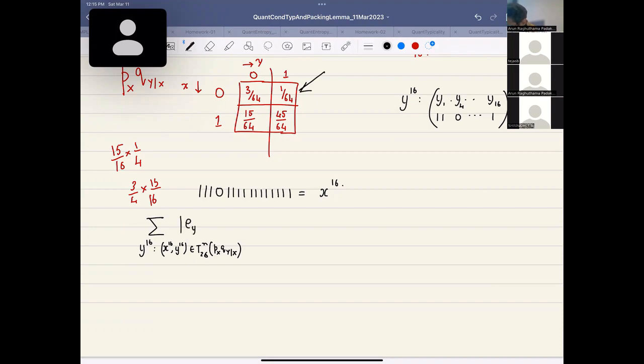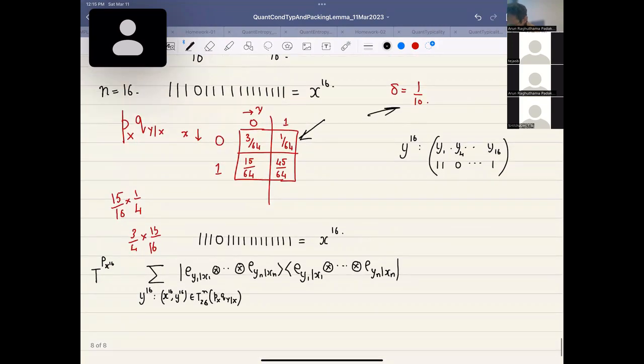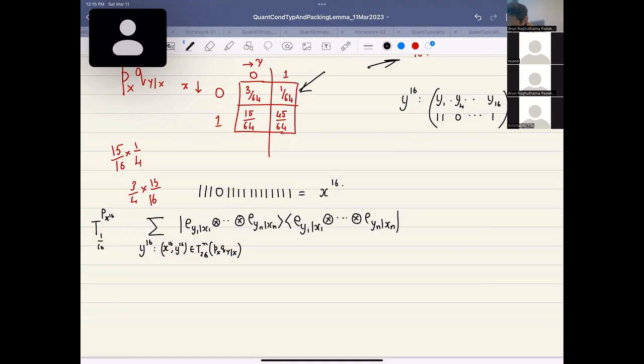And you do E y1 given x1, tensor all the way until E yn given xn. This is your conditional typical projector, T x16, rho x16 with respect to 2 delta. Delta is 1 by 10. That's all.